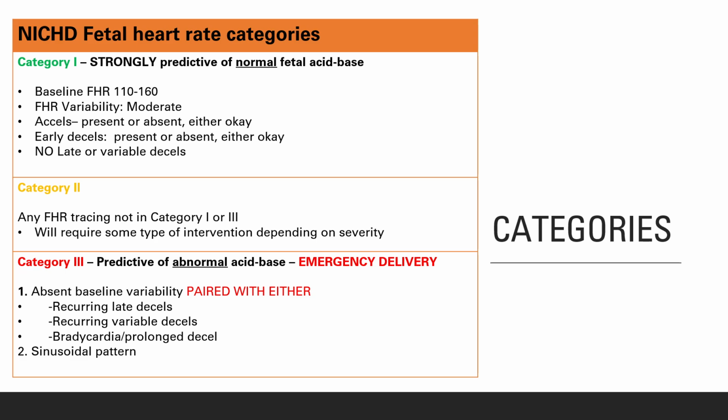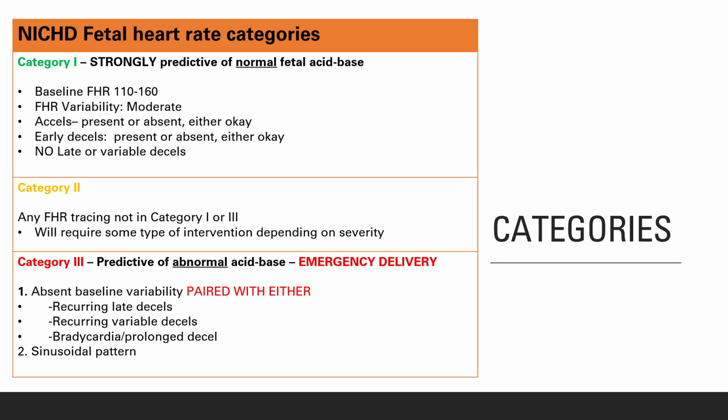And category 3 means, as you can see here in red, that we have an emergency situation. There's a compromise to that fetus. It's predictive of an abnormal acid-base pH balance, which means that something's happening in utero that may compromise this baby in the future.